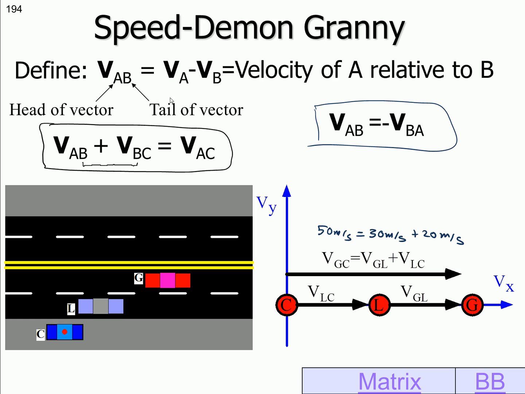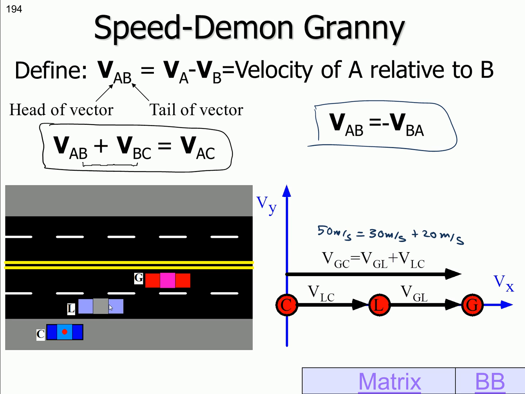So given this definition, it's clear that if A is watching B, if we have the velocity of A with respect to B, that should be the negative of the velocity of B with respect to A. So looking at this drawing here, this sketch, VLC is the velocity of the law-abiding citizen with respect to the cop, and that will be 30 meters per second.